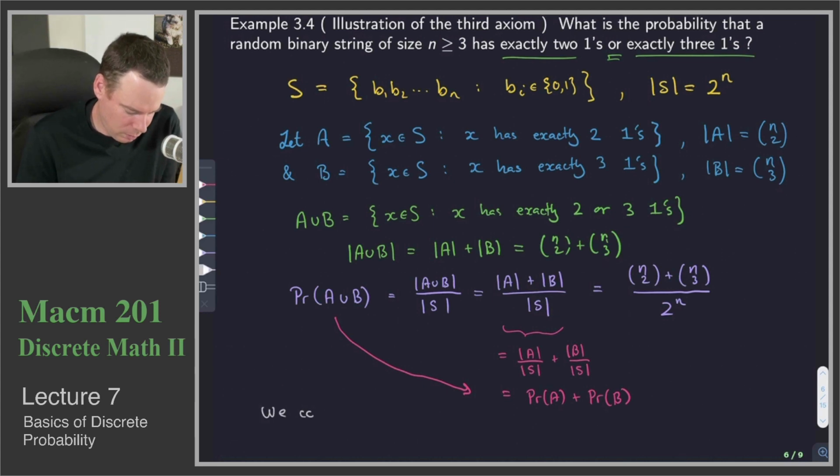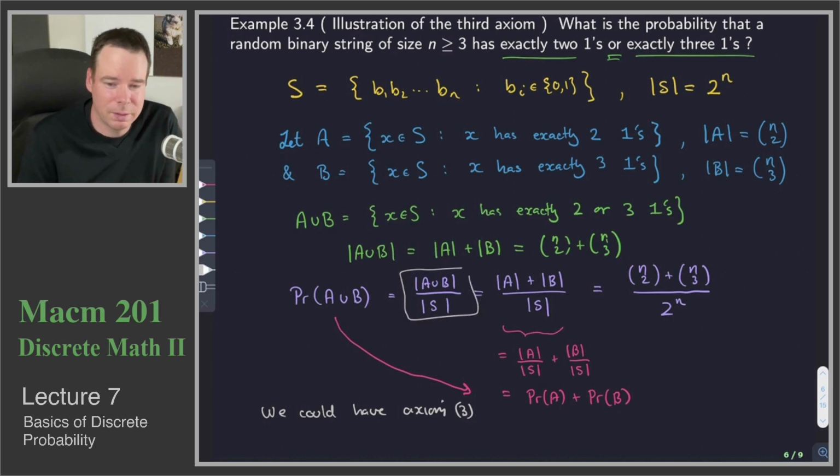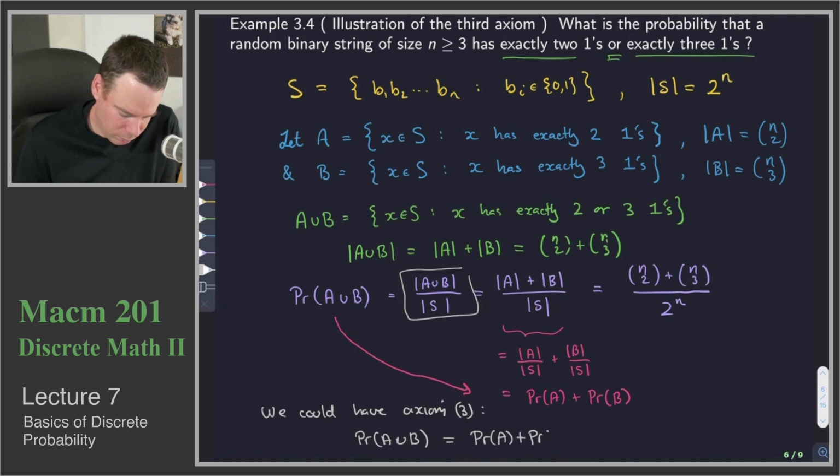We could have used axiom 3 instead of just using the definition of the probability as the size of the event space over the size of the sample space. Axiom 3 would have said the probability of their union is equal to the probability of A plus the probability of B. The probability of A is n choose 2 over 2 to the n.